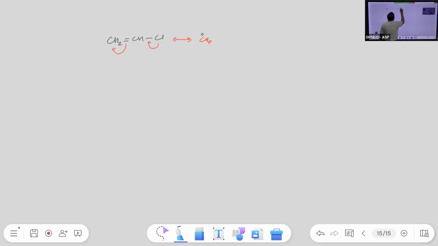So it becomes CH2 minus this. In the first structure, a single bond is present between carbon and chlorine, whereas in the second structure, a double bond is present between carbon and chlorine. All of you got this?